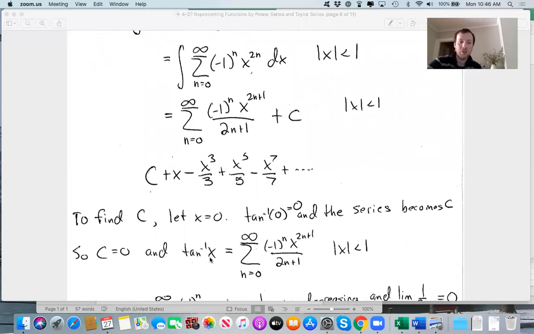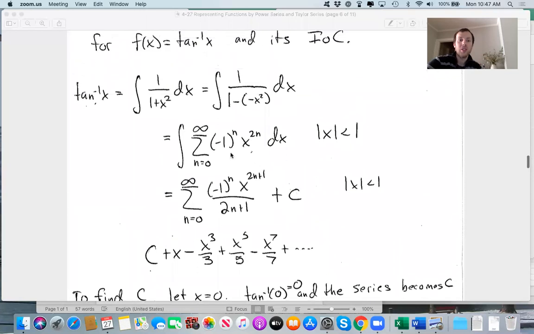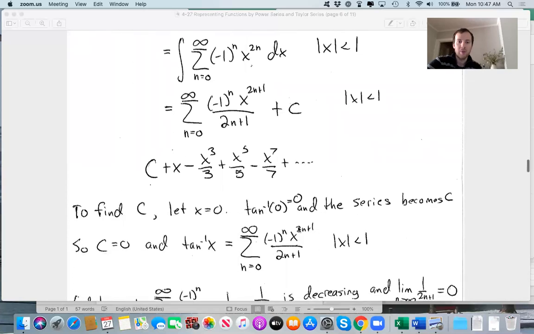And a formula for inverse tangent, or a series which represents it, is the series from 0 to infinity of minus 1 to the n, x to the 2n plus 1 over 2n plus 1. And because the original series worked on absolute value of x less than 1, and we checked that this was the case when we did this example before, this series also works for absolute value of x less than 1.